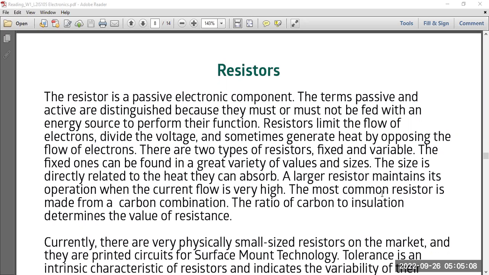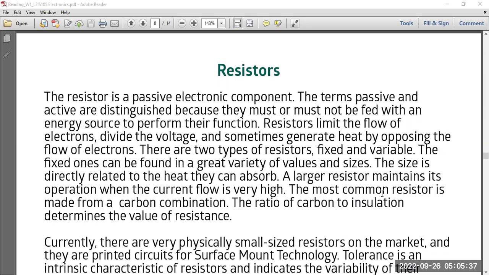of currents. Now, this is very important. What are the three main functions which resistors perform? They limit the flow of electrons, they divide the voltage, and sometimes they generate heat if they are opposing the flow of the currents. Broadly speaking, we can categorize resistors into two types: fixed resistors and variable resistors.